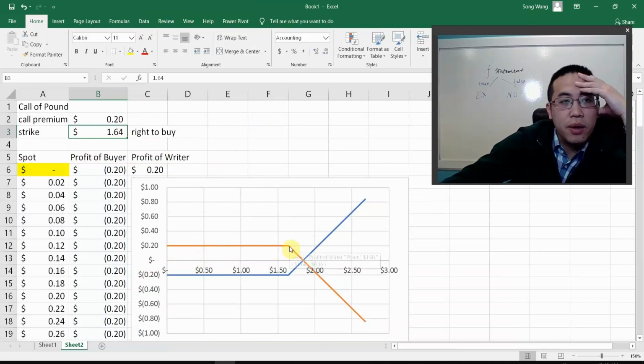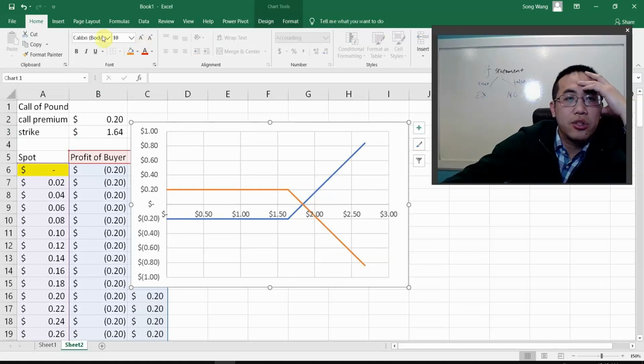So this is the premium the option writer makes, and then when the call option gets exercised, they'll keep losing money. And this is the premium the call option buyer pays, and when they exercise it, they start to recoup the loss, and then they make the profit.